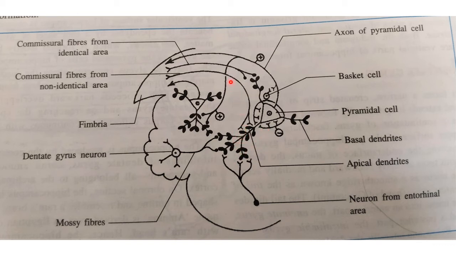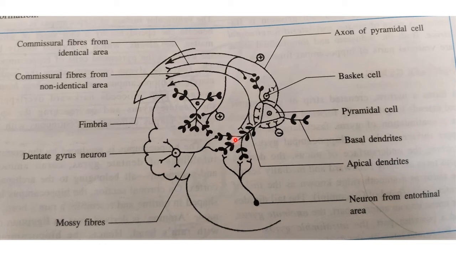So the basal dendrites receive commissural fibers from the identical regions of the opposite side, whereas the apical dendrites receive commissural fibers from non-identical areas. This is the basic thing you have to remember.